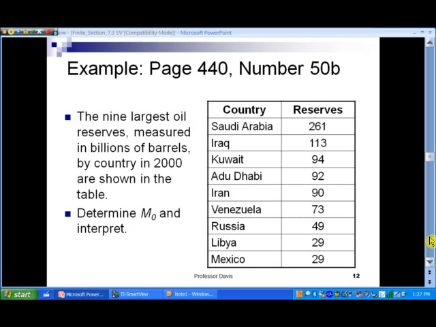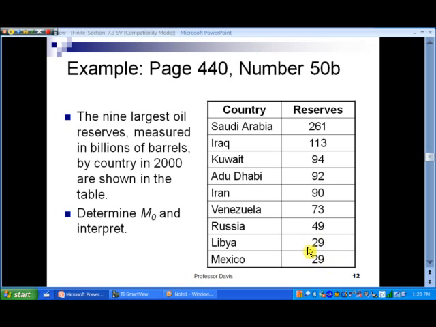All right, let's take a look at another example here. In slide number 12, it says the 9, this is the example we initially looked at, the 9 largest oil reserves measured in billions of barrels are shown in the table. Find the mode. Well, among the data we have here, take a look at it, only the last 2 data items are repeated.